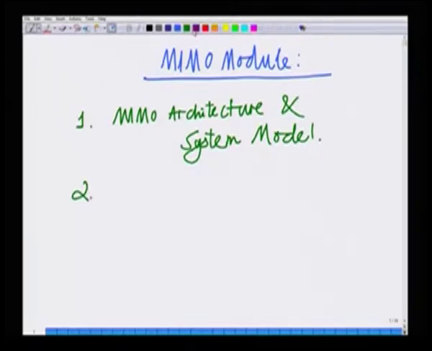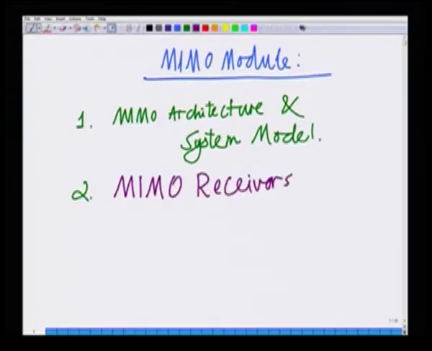We also looked at MIMO receivers. We first started with linear MIMO receivers.